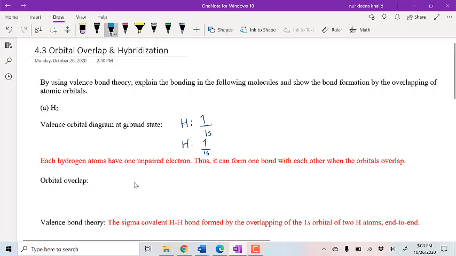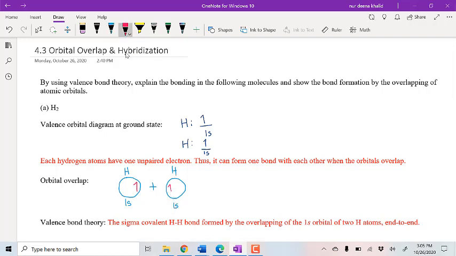To show the orbital overlap, so remember in chapter 2, the shape for 1s orbital is sphere. So this one is for the first hydrogen, 1s orbital. In this orbital we have 1 electron. For another hydrogen atom, also sphere, 1s orbital with 1 electron.